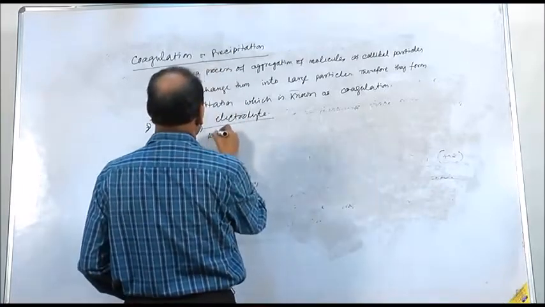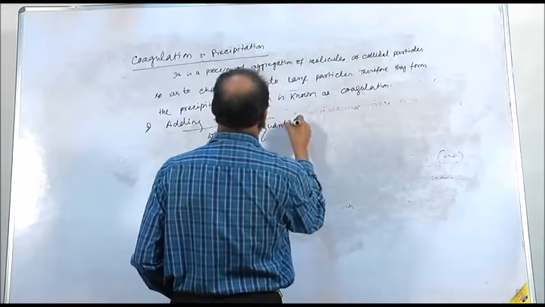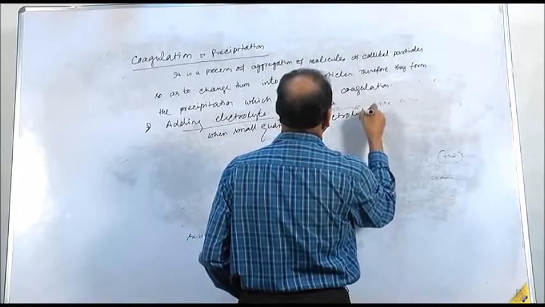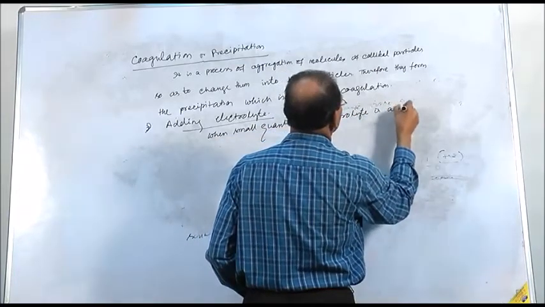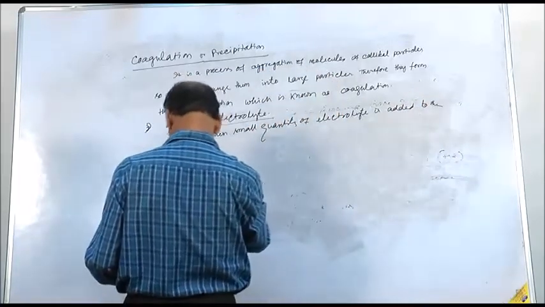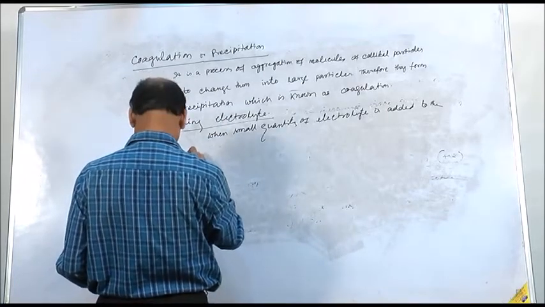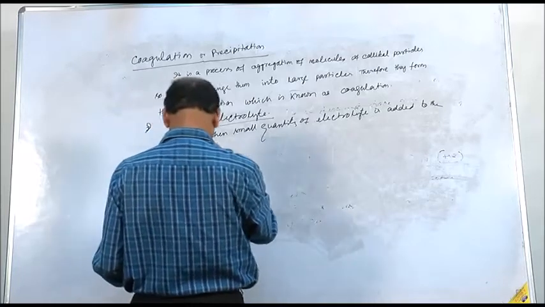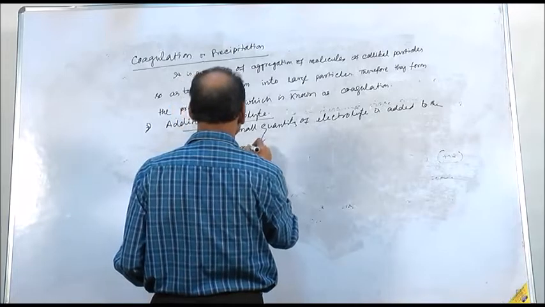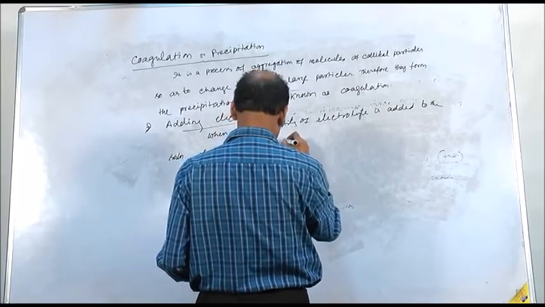So when a small quantity of electrolyte is added to the colloidal solution of low concentration, it causes precipitation.